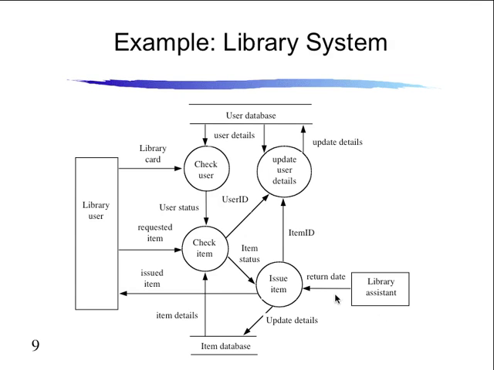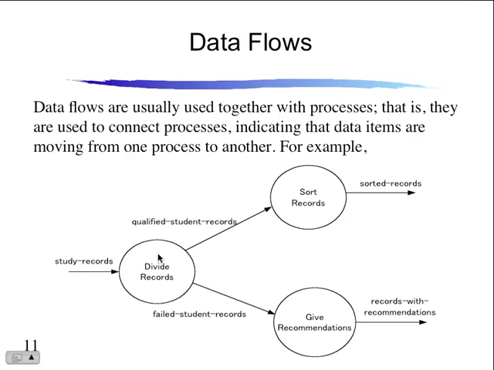Exact opposite for a data flow diagram. Instead, you see processes connected to processes connected to processes, with a couple of little terminators on the end, or maybe some data stores in there too. So you have arrows indicating that the data items are moving from one process to another.